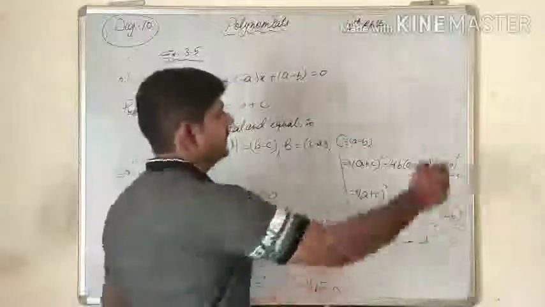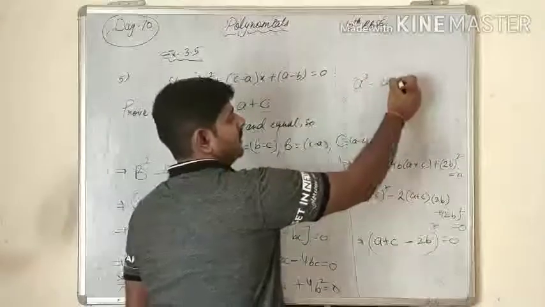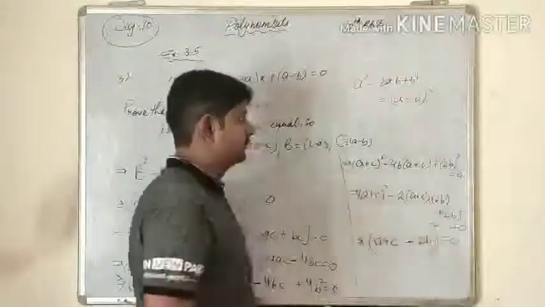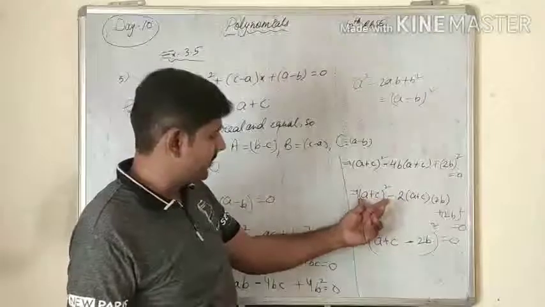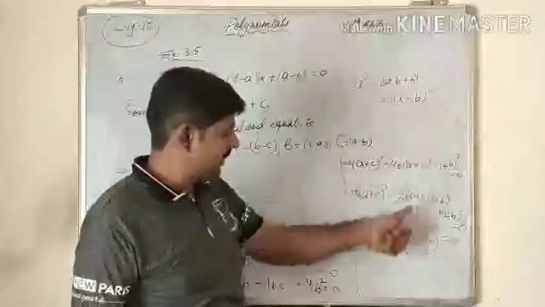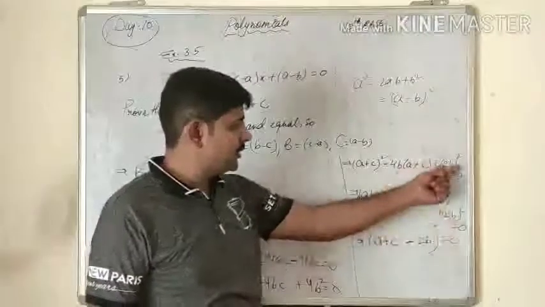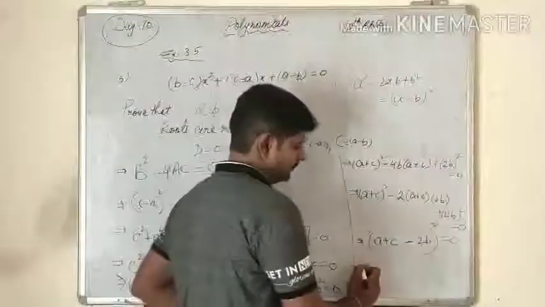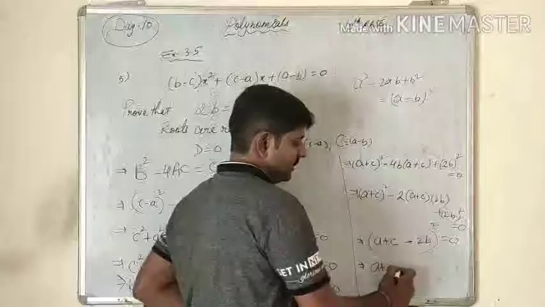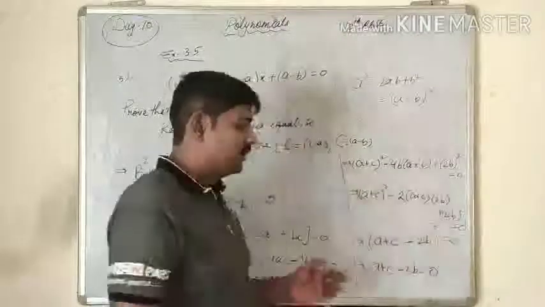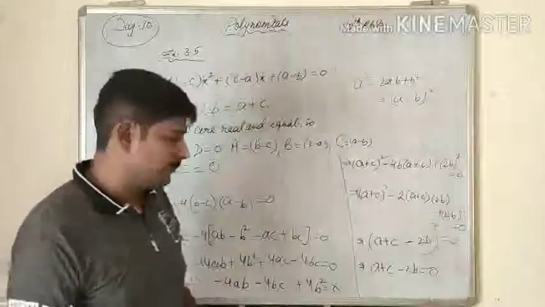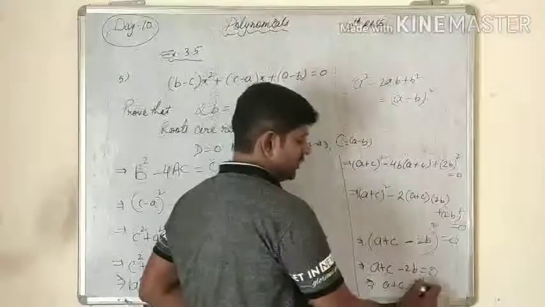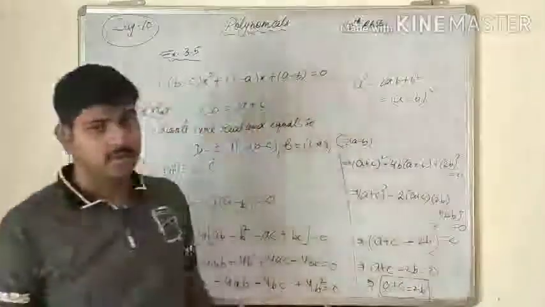So we have identity a square minus 2ab plus b square can be written a minus b whole square. So first term is a plus c, so that is written, then minus, and last term which is 2b, so that is written. Now we can remove the square, so this a plus c minus 2b equals to 0 is left, because square root of 0 will be 0. So that 2b we can shift other side, and we got a plus c equals to 2b. This is the proof of this question.